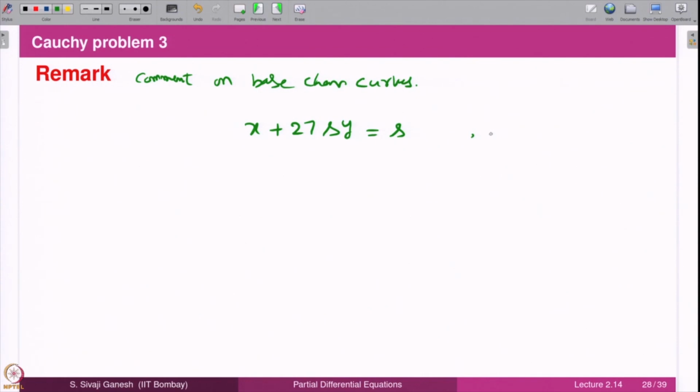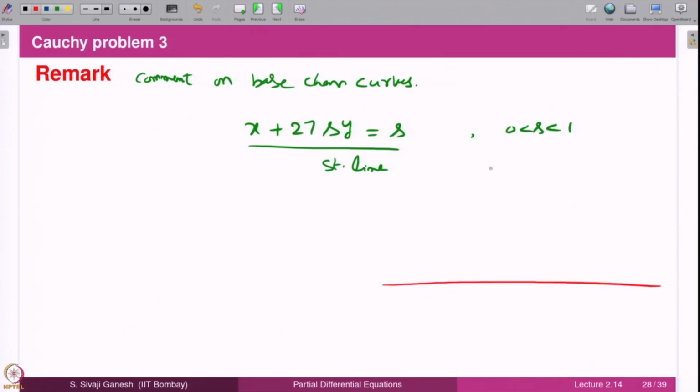We have considered s in 0 to 1. So, for each fixed s, it is a straight line. This straight line is like this. For reference, I have written x axis and y axis, and this is a line y equal to 1 by 27.